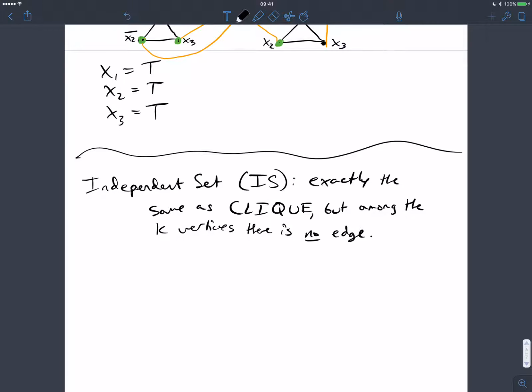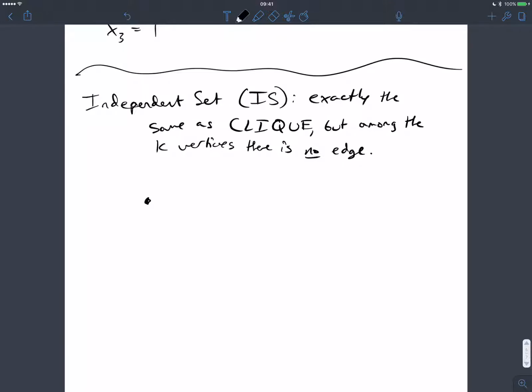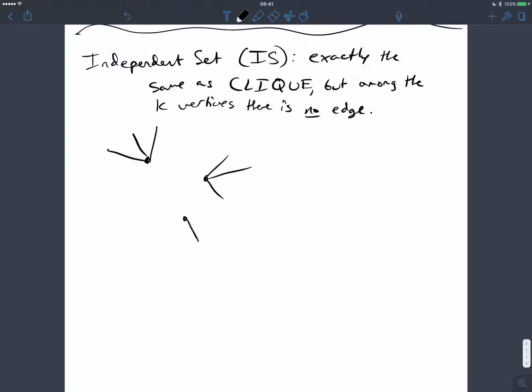Just as an example, if we have a graph like this, I'm not going to draw the whole thing, these four vertices have edges going elsewhere. They don't go to these four vertices. So in this graph, we can say there's an independent set of size 4, because among those four vertices, there is no edge.